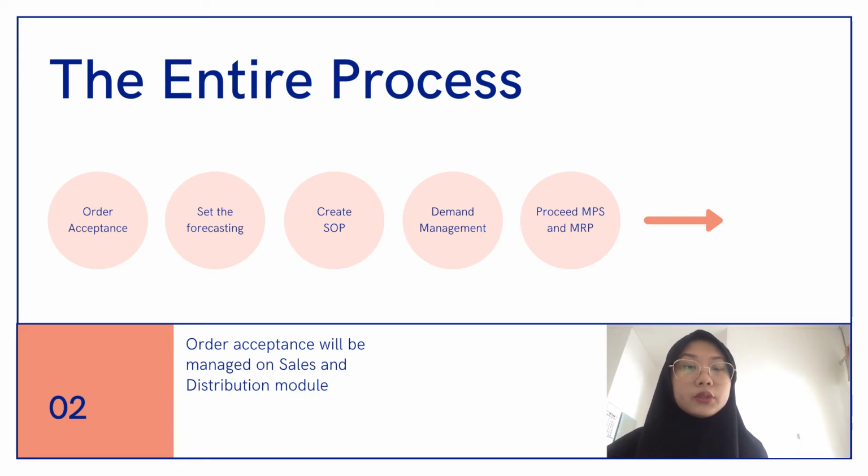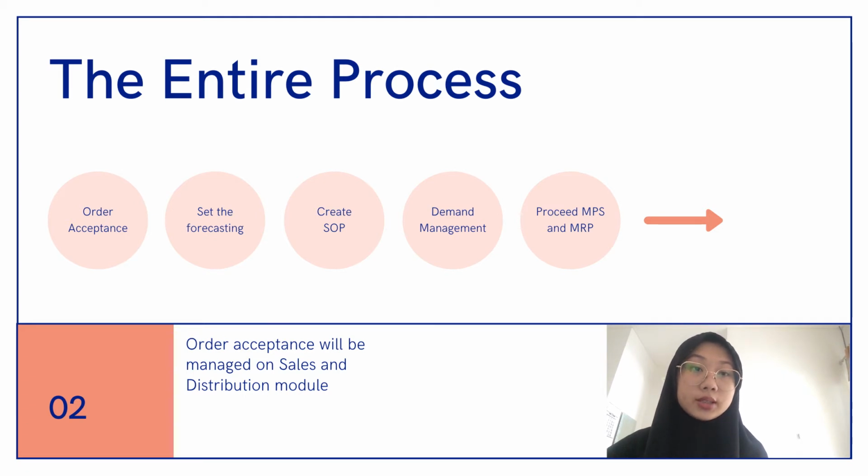Now we create the disaggregated version from the SOP with demand management. We break down the plan according to each material component of the compact disc. These steps from forecasting to demand management are actually optional.